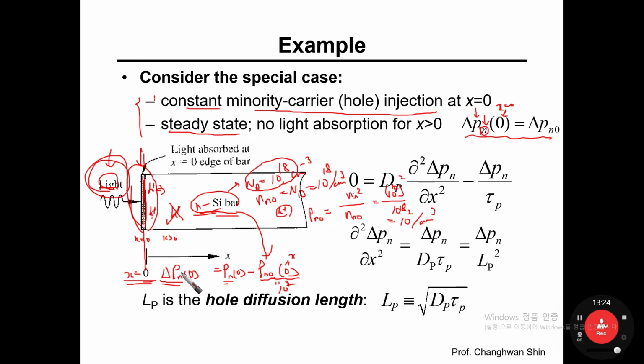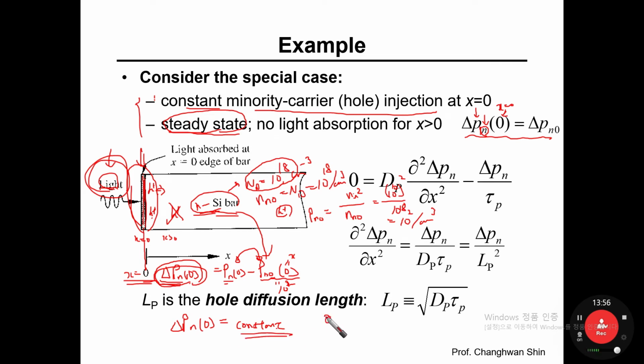But here we have assumed a steady state. So this value, delta P n at x of 0, should be constant. Steady state means this difference should be well kept, should be maintained. That means delta P sub n of x of 0 is constant.